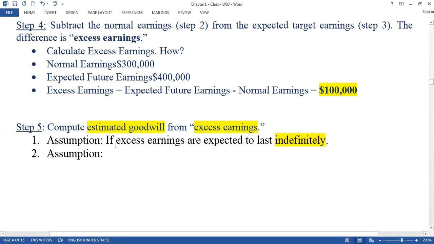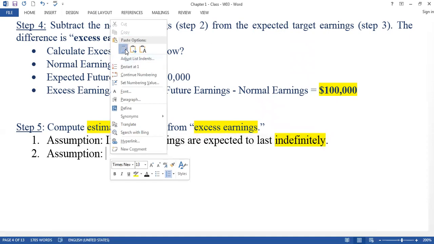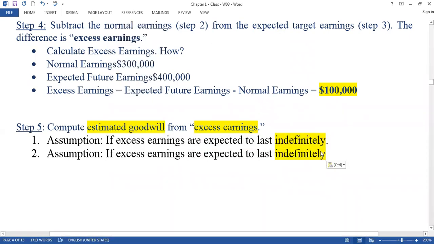Another assumption is something like this: if expected earnings are expected to last finitely. So we know our excess earnings in both assumptions.